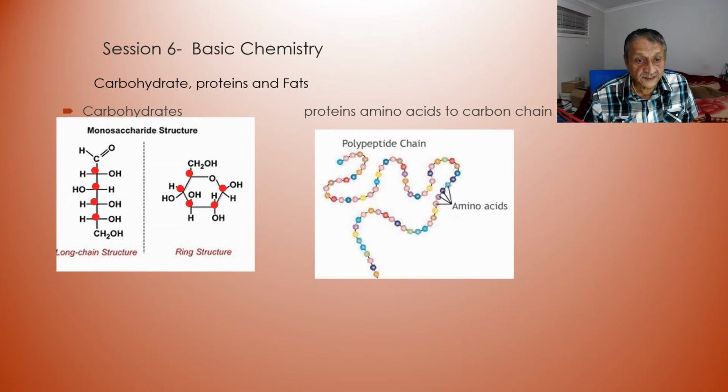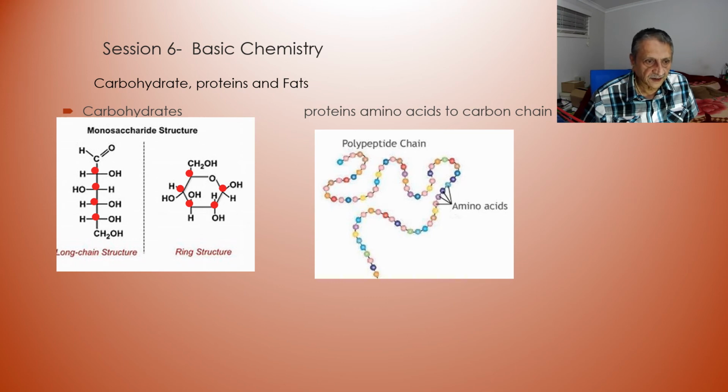The diagrams on this side give 2 pictures, one of a monosaccharide, which is a carbohydrate, and the other one is an amino acid chain, which is a polypeptide chain. Now, in the case of carbohydrates, it's defined as having carbon, hydrogen, and oxygen.